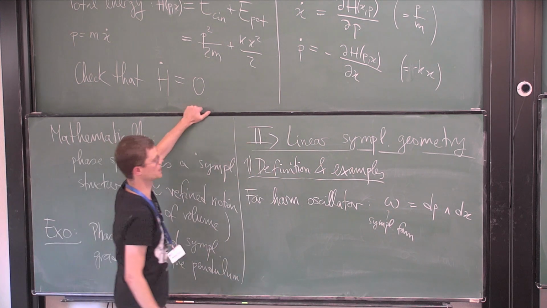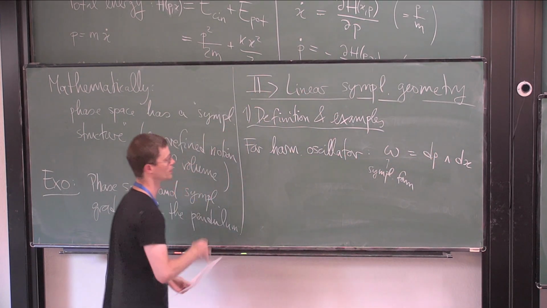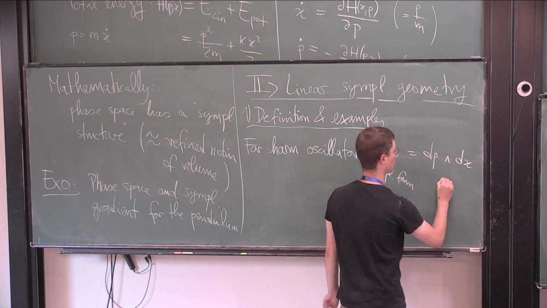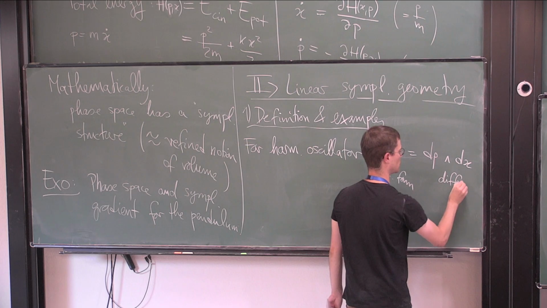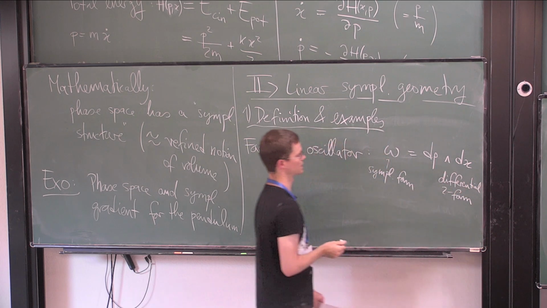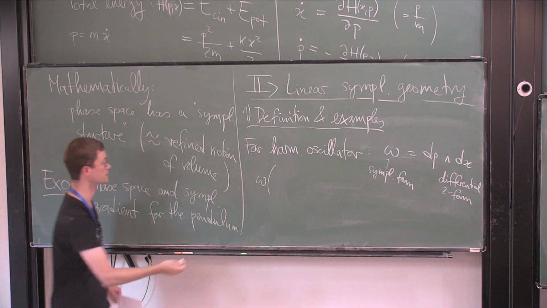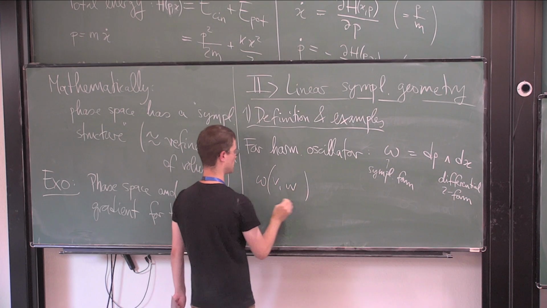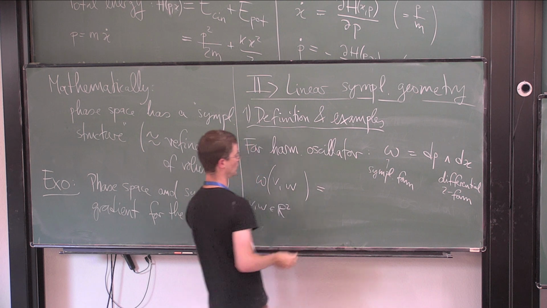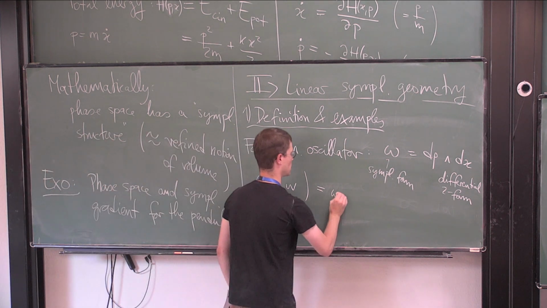I think in Anton's lecture you have already seen differential forms, but just to be sure we know what this means: it is a differential two-form. What does that mean? It takes as input two vectors, let's say v and w, which are two vectors of R2, and it spits out a number. Let's take it in coordinates.